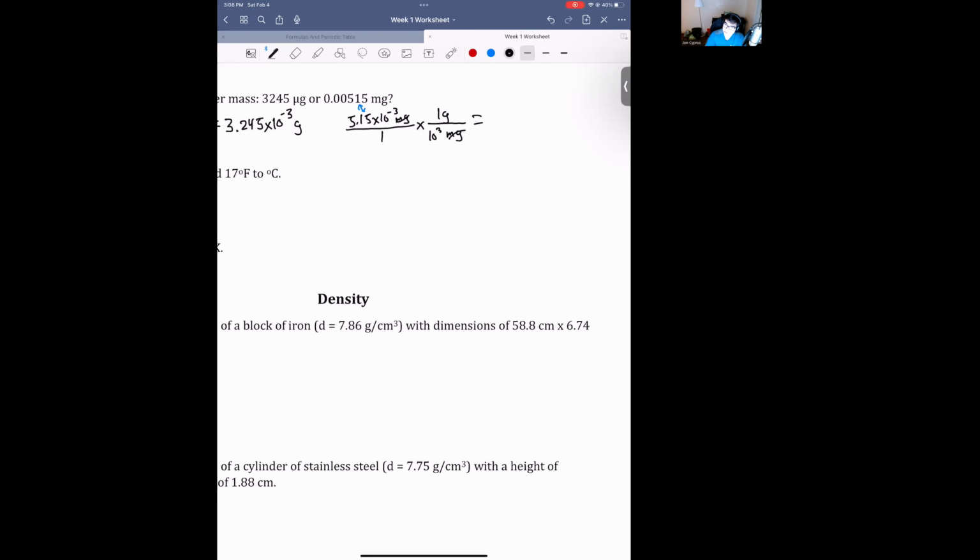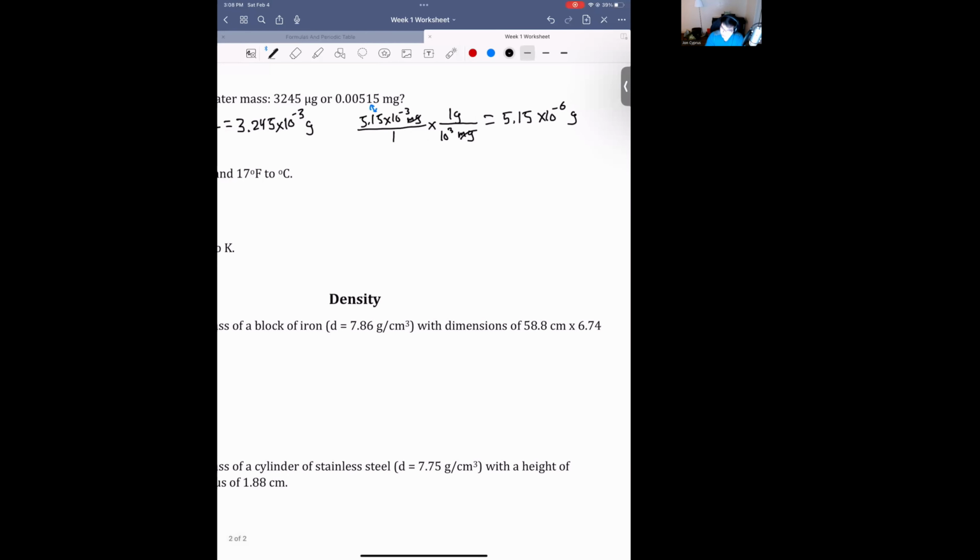Your rules of exponents state that if you have the same base, you can just add the exponents if it's multiplication, subtract them if it is division, right? So x squared times x is x cubed. X squared divided by x is x to the first power, 2 minus 1. So this is 5.15 times 10 to the negative 6 grams. All right, now we're going to compare these two, right?